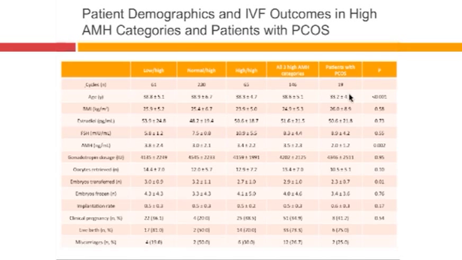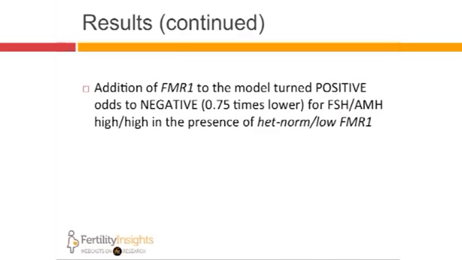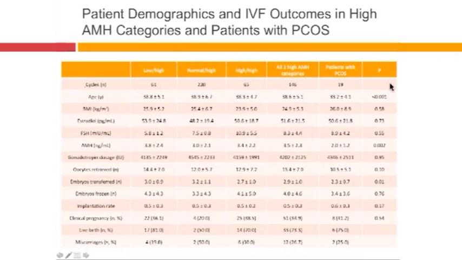And that is very important to understand, because this brings me back to the FMR1 gene, because this subgenotype of heterozygous normal low, we a number of years ago associated with a PCOS phenotype at very young ages, but which very quickly depletes the ovaries and then at mid-age develops diminished ovarian reserve.